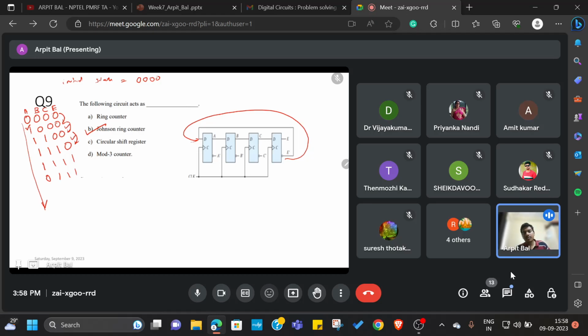Okay, so if you discuss something related to power consumption per bit or something, in this case it is going to be less. So that's a benefit of a Johnson ring counter, and this is actually a Johnson ring counter. So either you can visually tell that it is behaving like this, otherwise find what the behavior is and then determine your answer. I hope everyone is clear with this point.